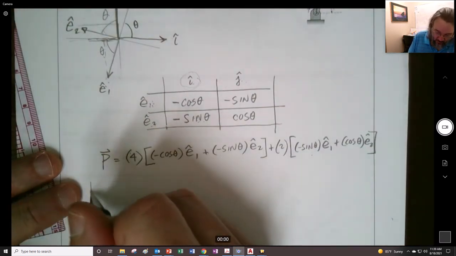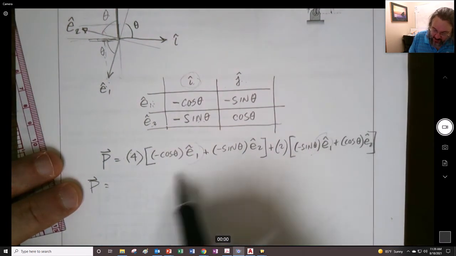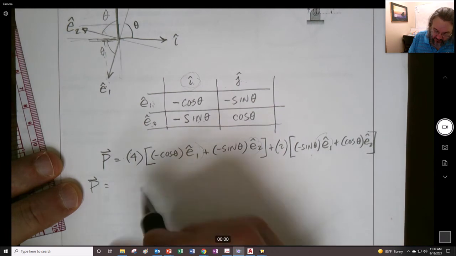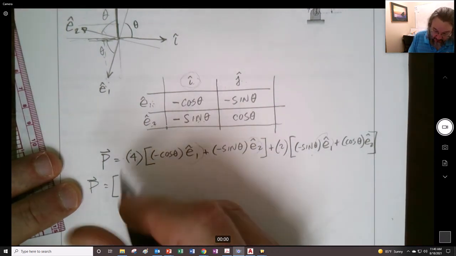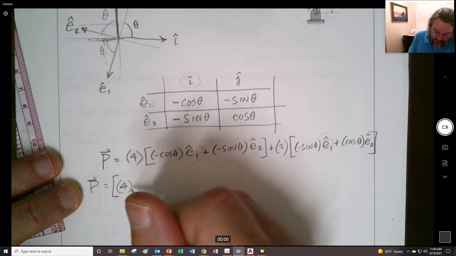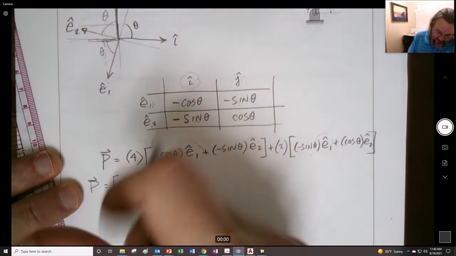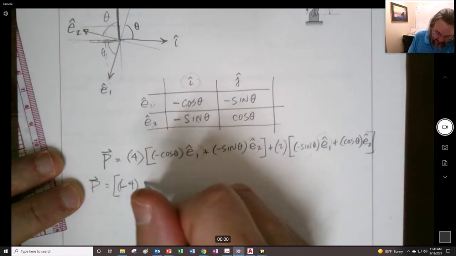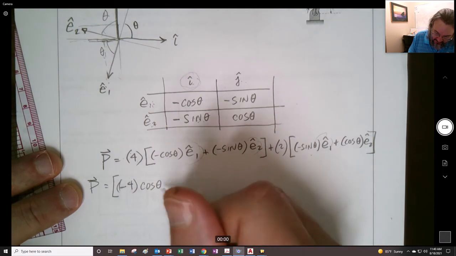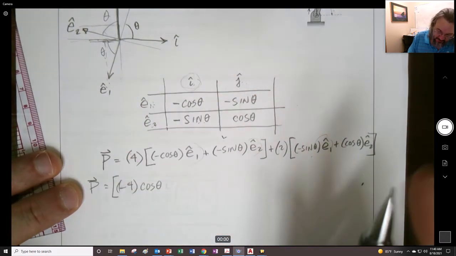We can collect the E1 and collect the E2. So we have 4, and maybe I'll put the negatives inside by the 4s right here. So we got inside the values, right? I'm taking that negative out and going cosine of theta. I'm going to do both for E1s, so I'm going to leave that here.